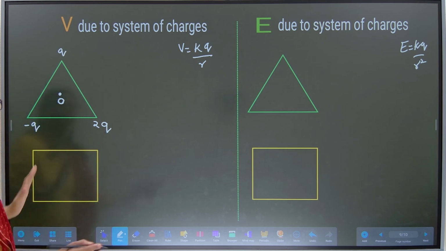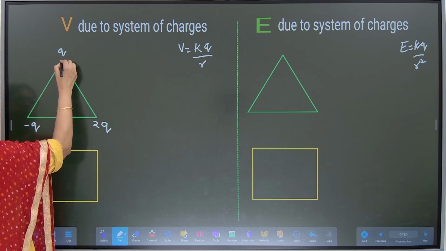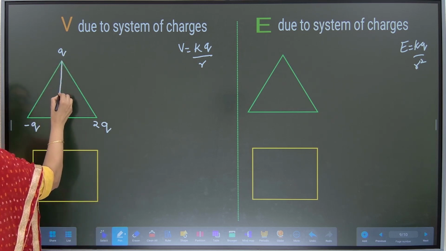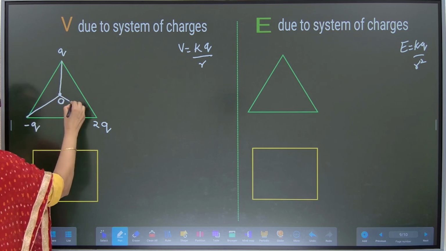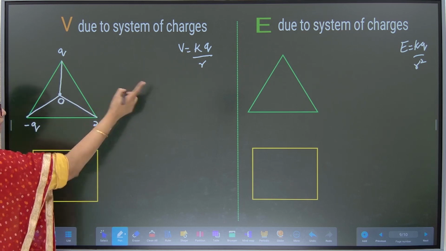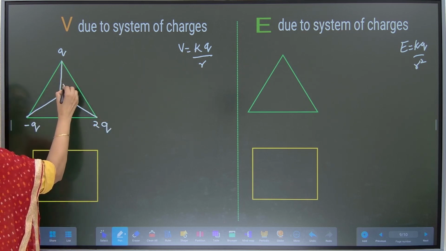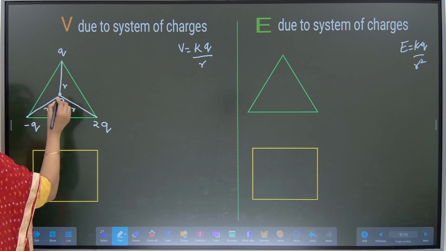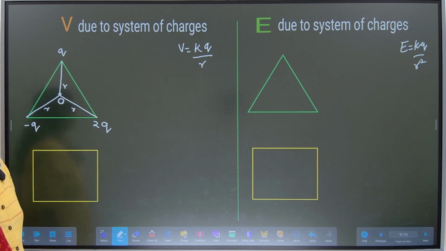Fine. So by maths, it is easy to find out these distances which I require there. I can write it as R, R and R because it is an equilateral triangle.